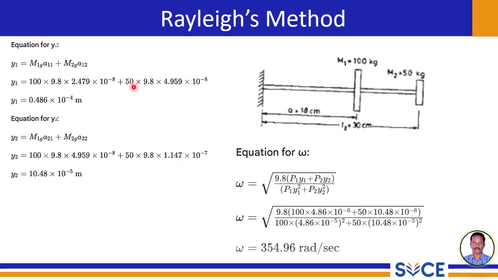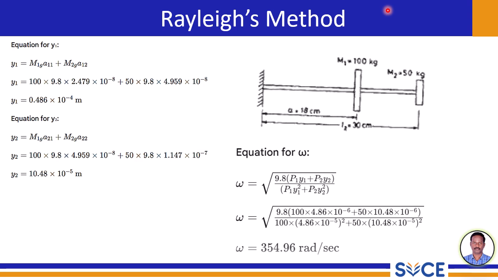Here we are going to solve omega squared equals 9.81 times load into Y1 plus load into Y2, divided by the same. So we are going to calculate Y1. For this Y1 we have to use the values of M1, that is 100 kg, 9.81, and the A11 value, similarly the A12 value. Substituting all this, we get Y1 equal to 0.486 into 10 power minus 4 meter. That is the static deflection in that case.